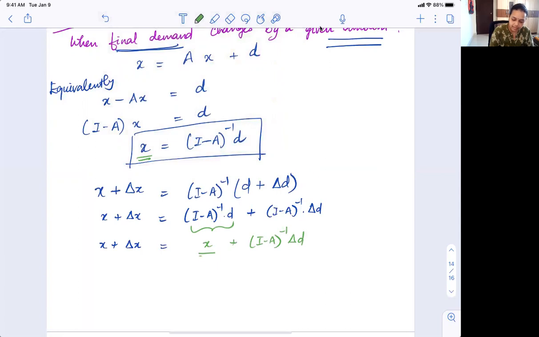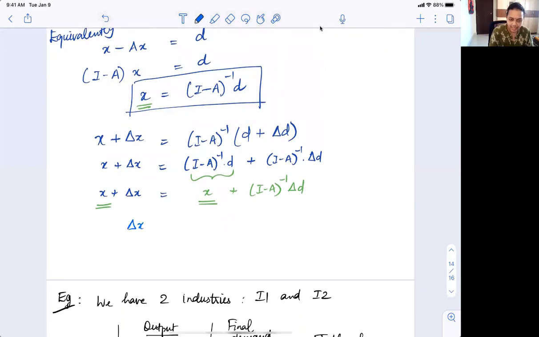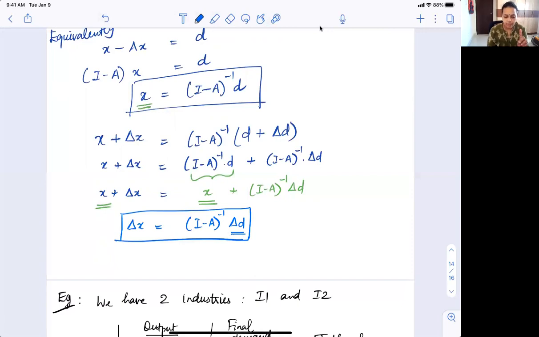You have an x here and another x there, which get cancelled off. Therefore, you're left with delta x equals (I minus A) inverse times delta b. So given a particular change in demand and given the technology matrix A, we can compute the change in output that is needed in order to meet the changed demand.